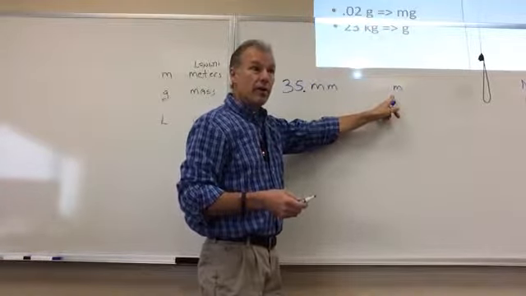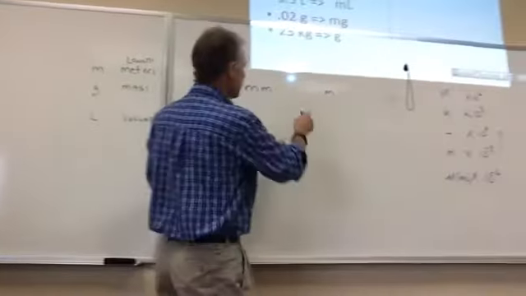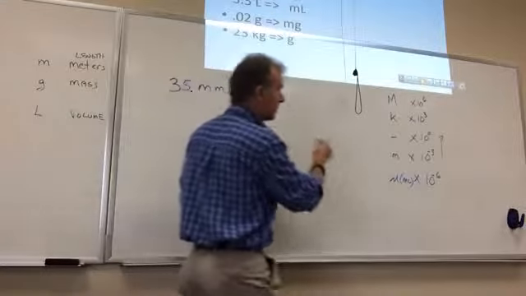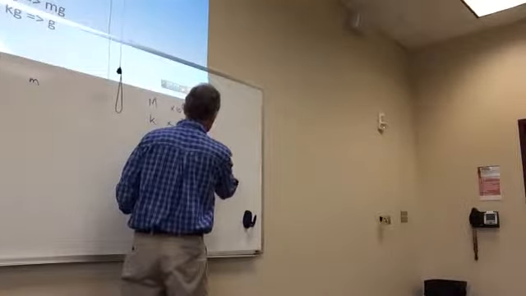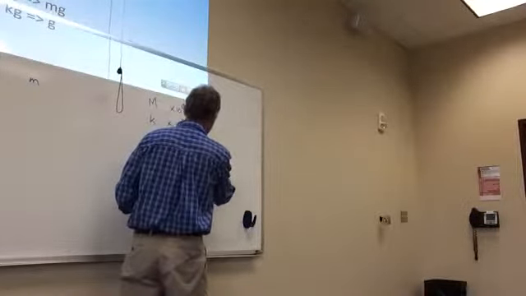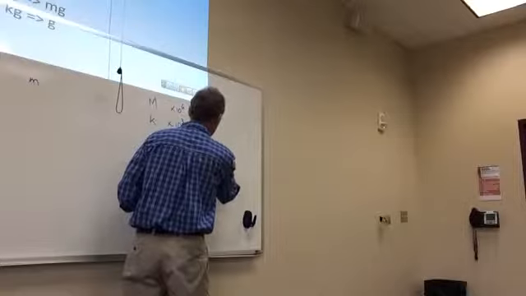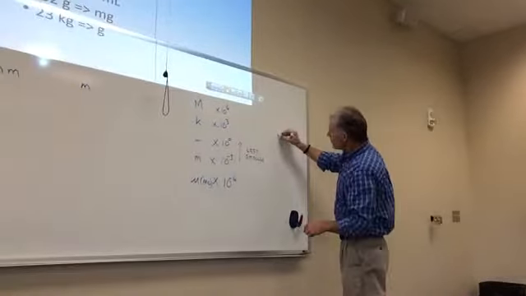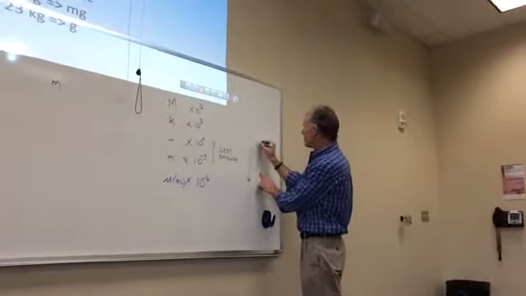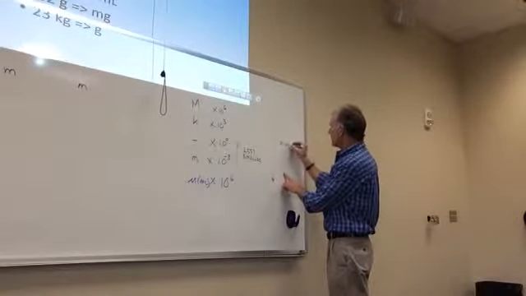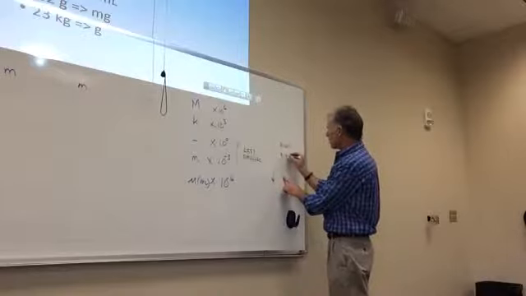We went smaller then, right? So I'm expecting this number to be smaller. So as you go up, you're going to move the decimal place to the left and make it smaller. If you find yourself going this direction, okay, then you're going to move the decimal place to the right, and you're going to make your answer bigger.